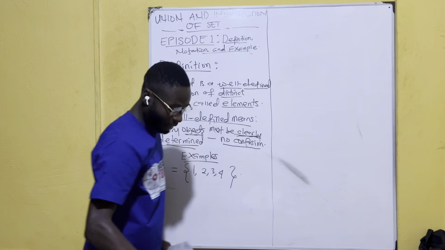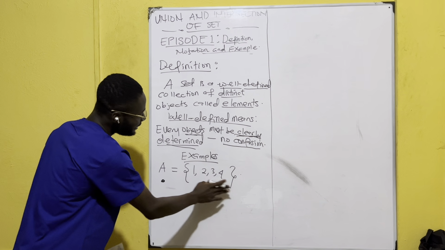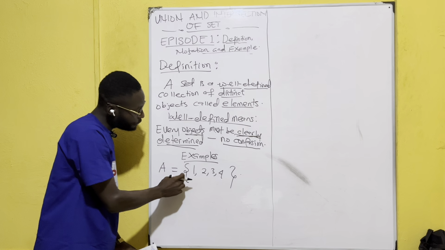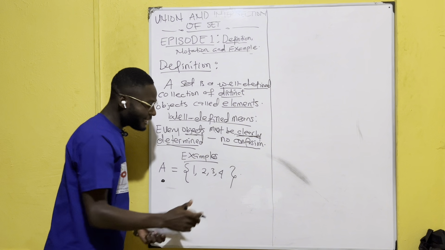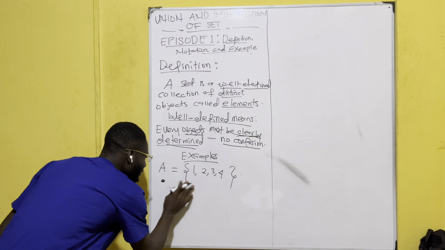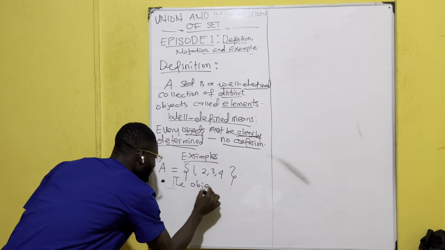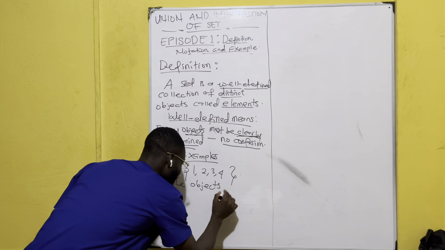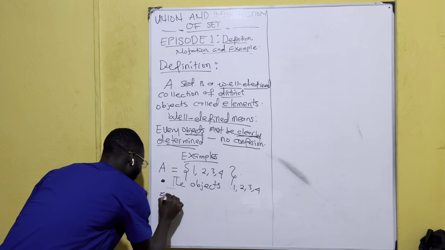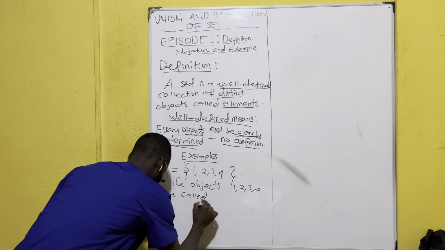Now, I want you to understand each statement here. I want you to understand what A means here, and what the element in the set means. The objects 1, 2, 3, 4 are called the elements.